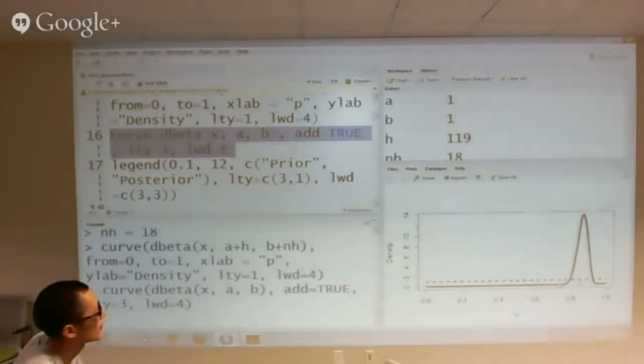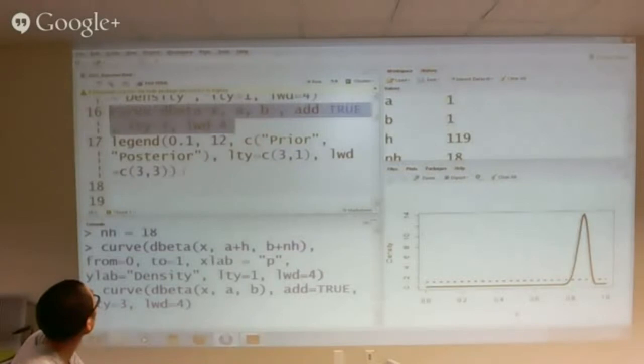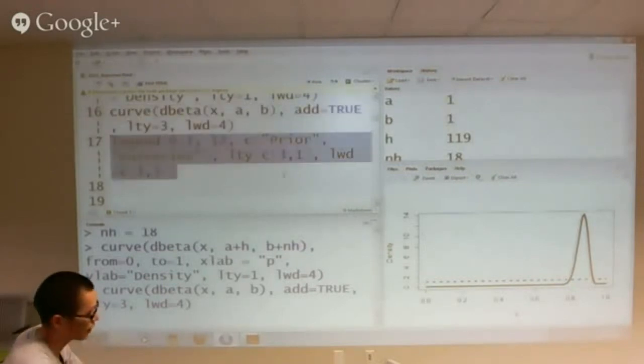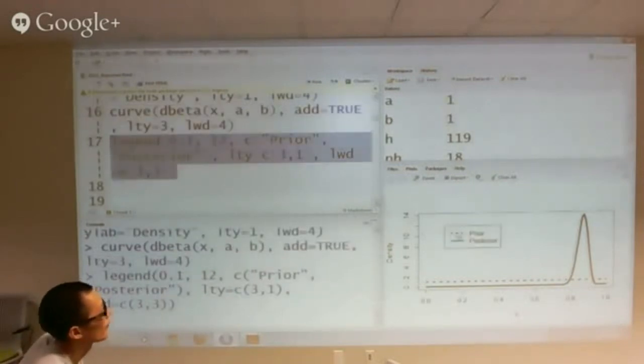So this is only a line here, with the value equal to 1. We add some legend to this graph, so the dashed line is the uniform distribution, and this is the graph of the posterior distribution, right?